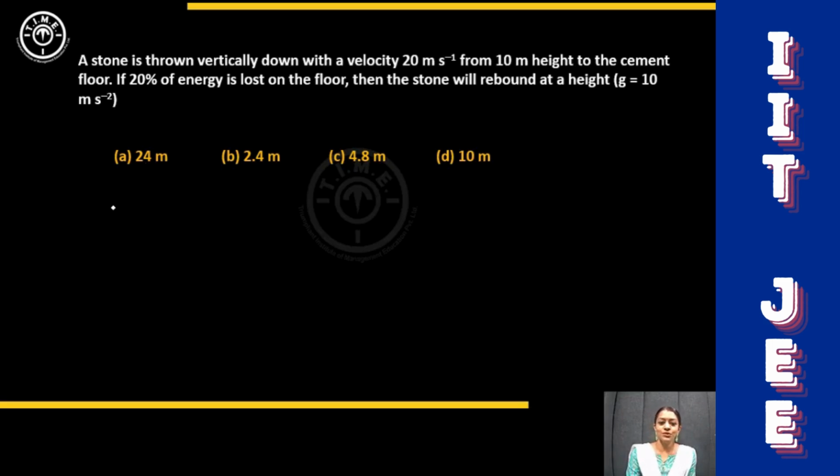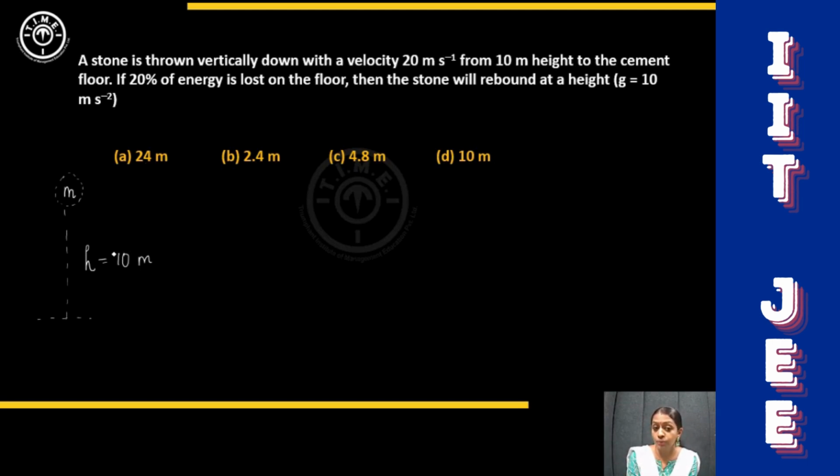See, in this question, it is given that a stone, the mass of that stone is not given, so let us take it as m. Okay, the stone is thrown vertically down from a certain height. Let us consider that height as h, and the value of h is given in the question as 10 meter, right? Yes, and please note this point here.